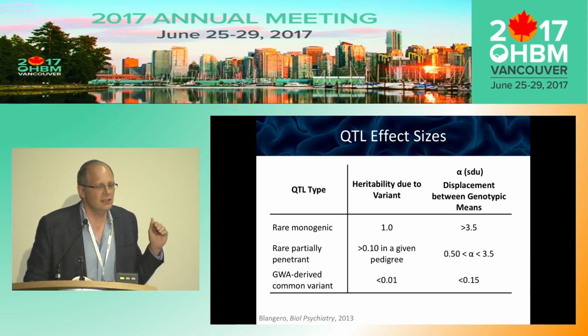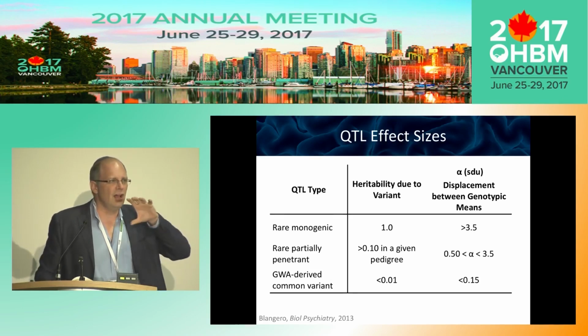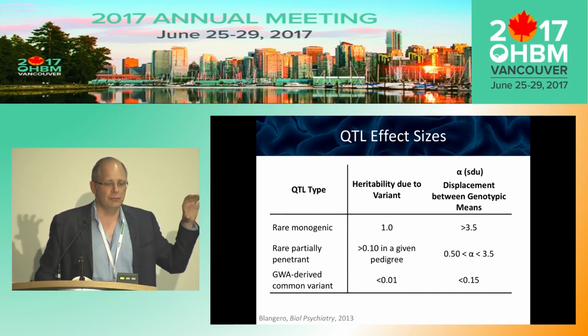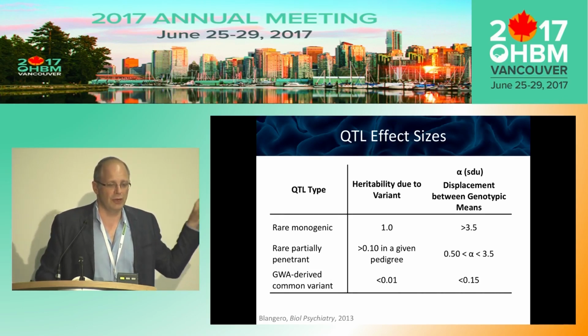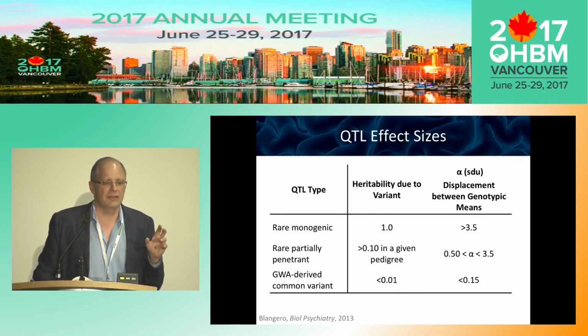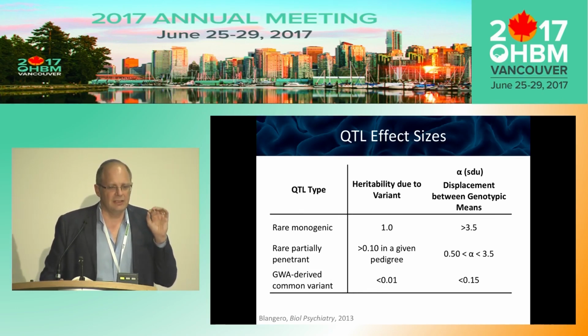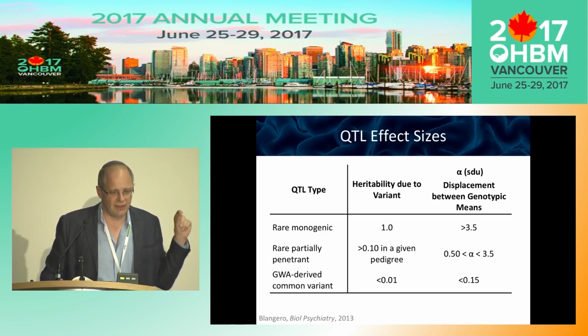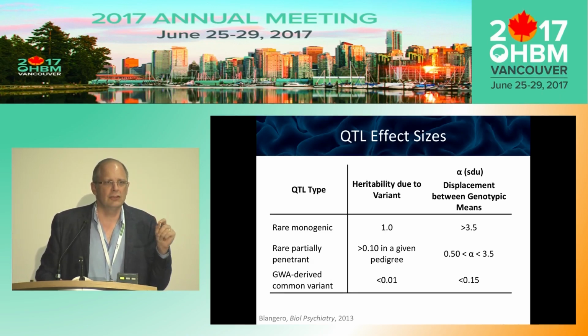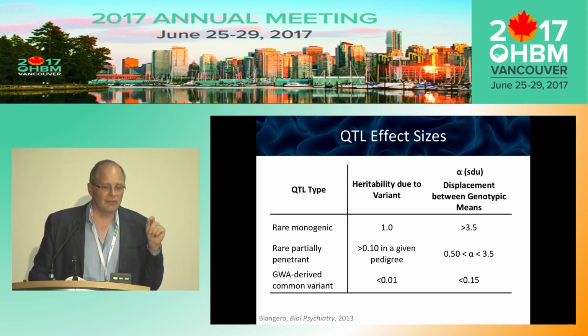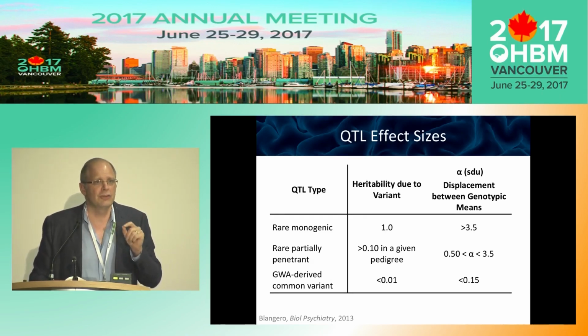In contrast, there's a group of possible effects in rare, partially penetrant variants that can give you a reasonable amount of heritability in those individuals that have it, so in a given particular pedigree. And the effect size you would be expecting is between 0.5 and about 3.5 standard deviations.